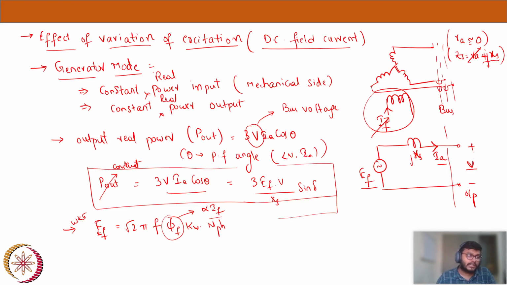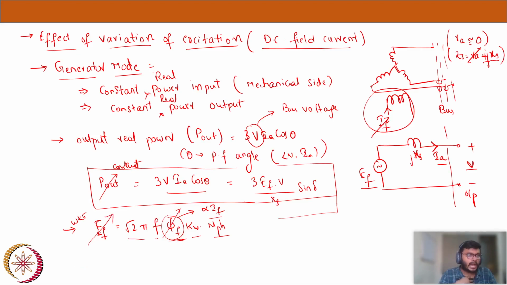Now, if we vary the field current, the proportional flux changes, and apart from flux, all are constants. Root 2 pi, supply frequency is fixed, kW is fixed, turns is fixed. So if I change phi f, my excitation voltage will change.